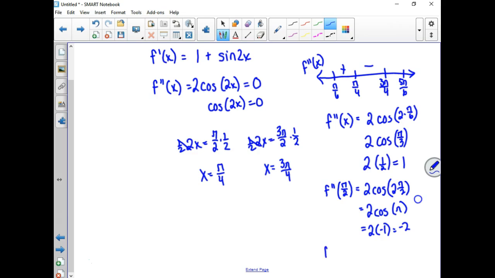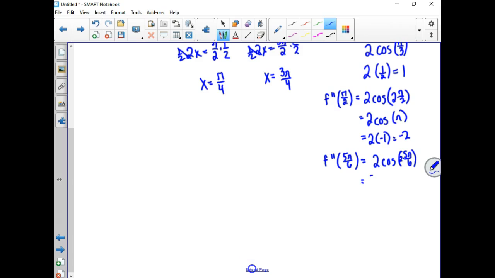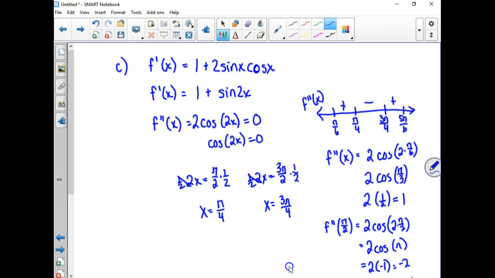And then let's check the second derivative of 5 pi over 6. So if we do that, we get 2 cosine of 2 times 5 pi over 6, which is going to be 2 cosine of 5 pi over 3, and cosine of 5 pi over 3 is 1/2, which is going to give us 1, which is a positive number, so we get a plus here.